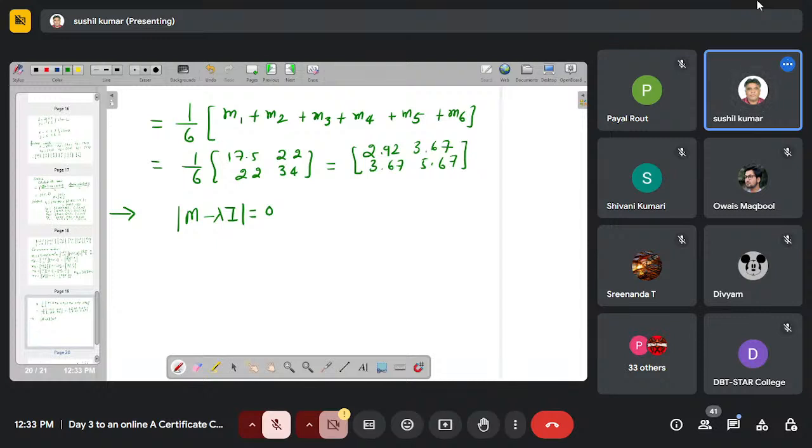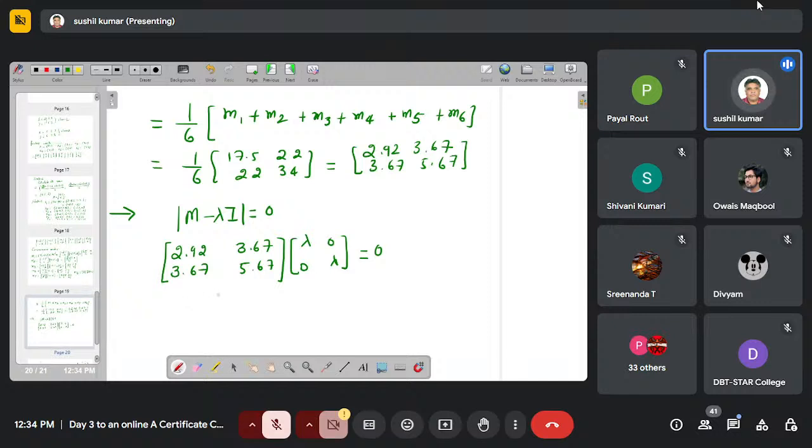The covariance matrix is already written there: 2.92, 3.67, 3.67 and 5.67, and here it is lambda, 0, 0, lambda.